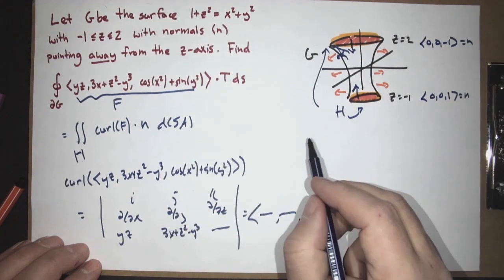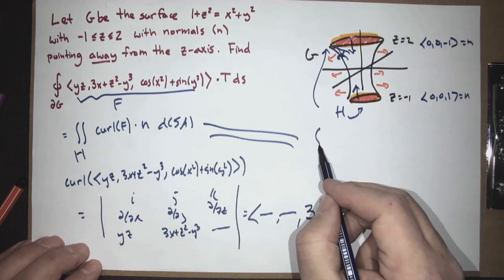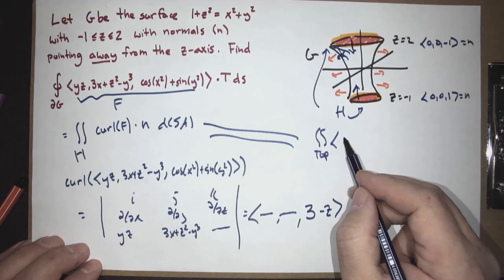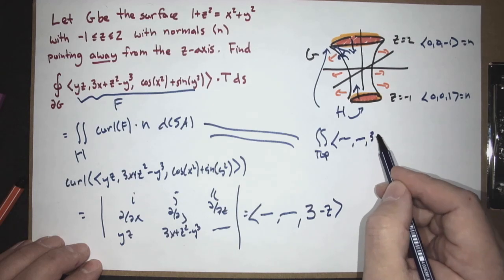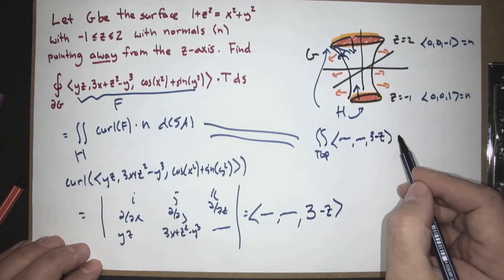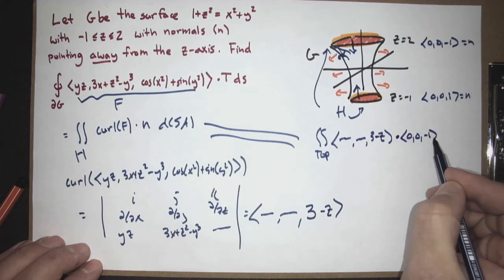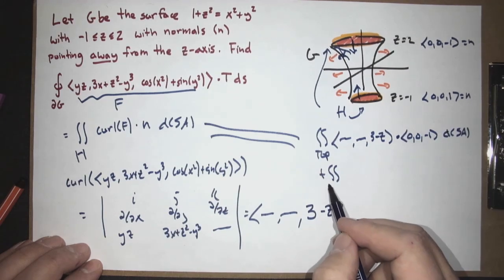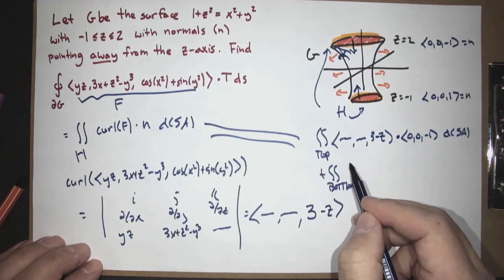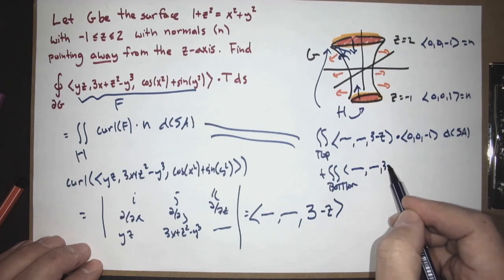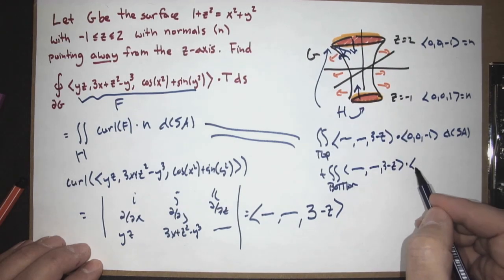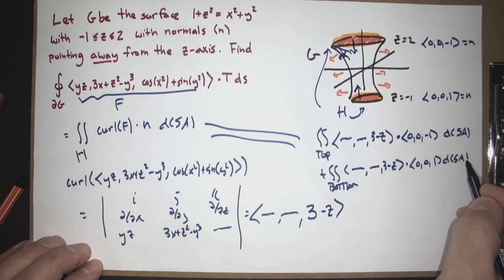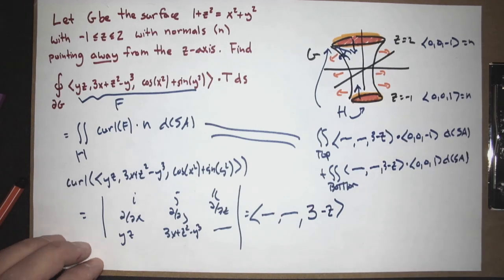So this becomes the integral over the top circle of something, 3 minus z dot 0, 0, minus 1 dS, plus the integral over the bottom, again something, 3 minus z dot 0, 0, plus 1. Now, the top.